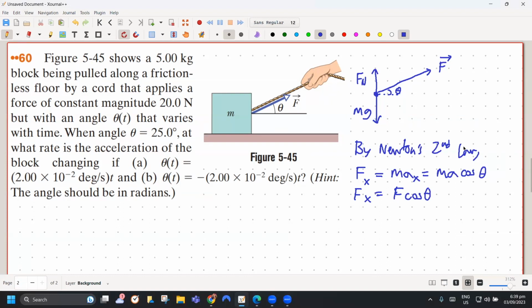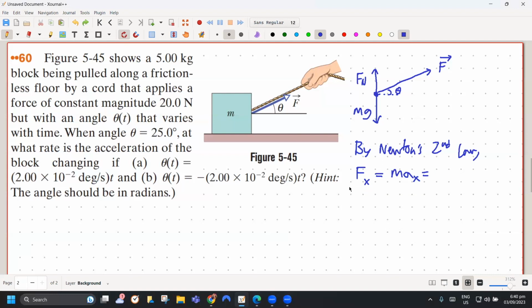Yung hindi siya ganito. Tingnan mo muna yung check mo for 25 degrees, ano yung normal force? Di ba may dalawang components ka? Ma sub x is equal to f cosine theta. Di ba pwedeng assume na that's ma cosine theta? Kasi yung theta na yan yung direction lang ng force na applied.